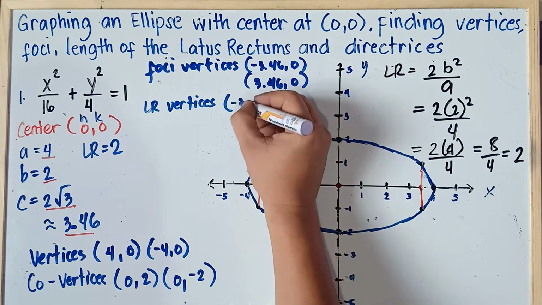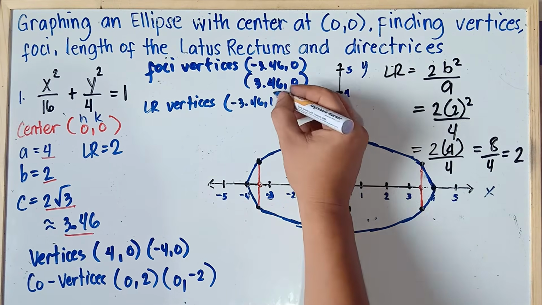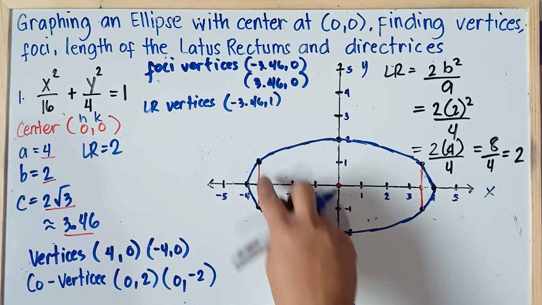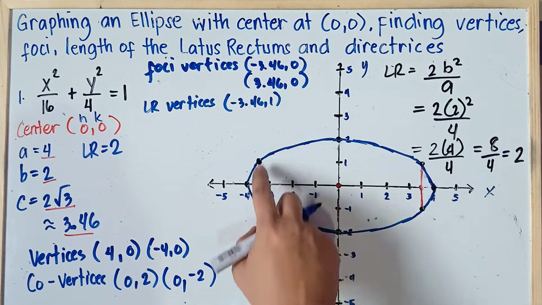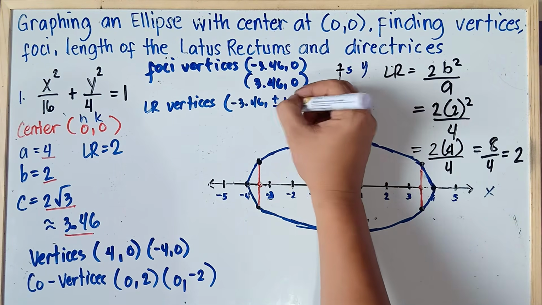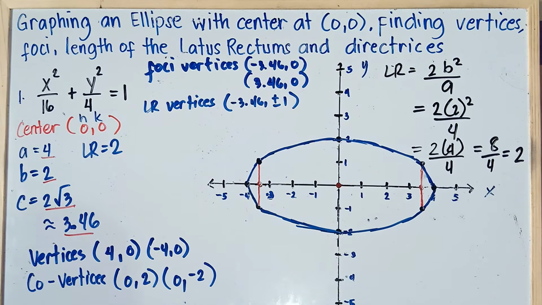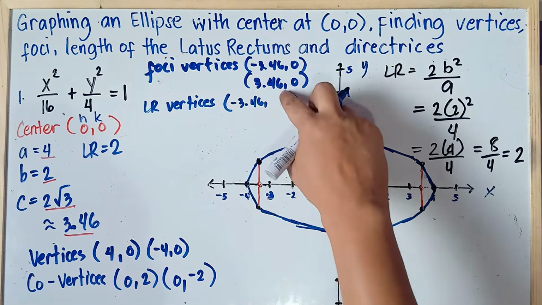So negative 3.46 for X-axis, and for Y, that's positive 1. Alright, and the other one, you can have negative 3.46, then positive, negative 1, class. You can have this one, it means positive, negative 1, or you can write individually.